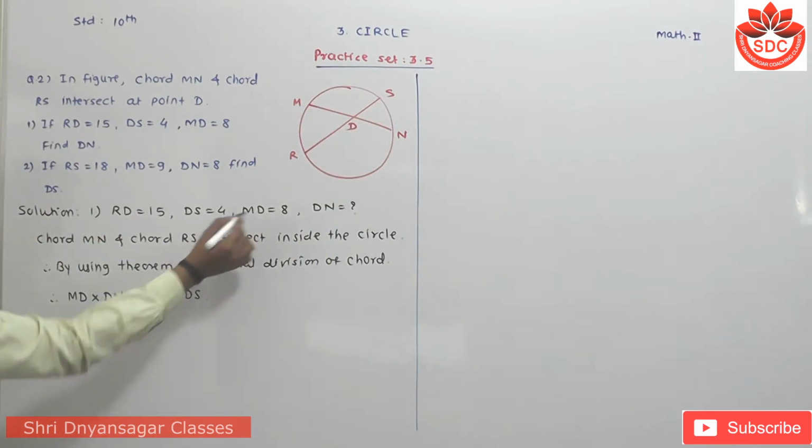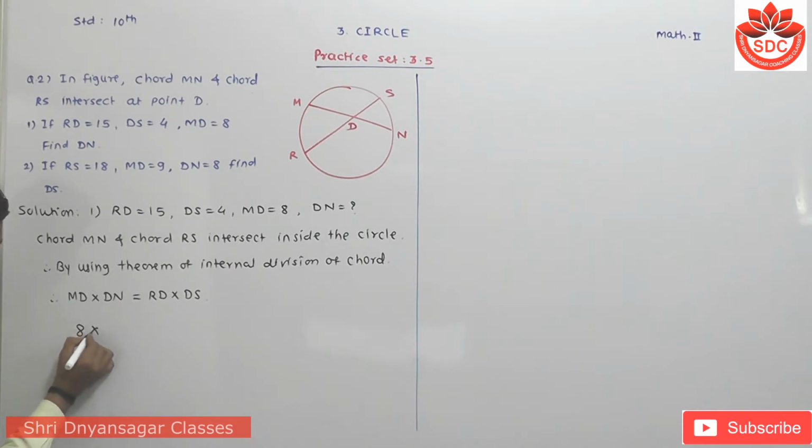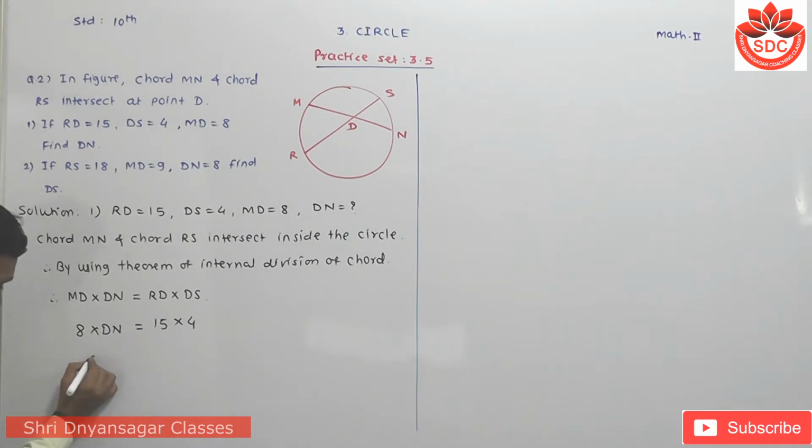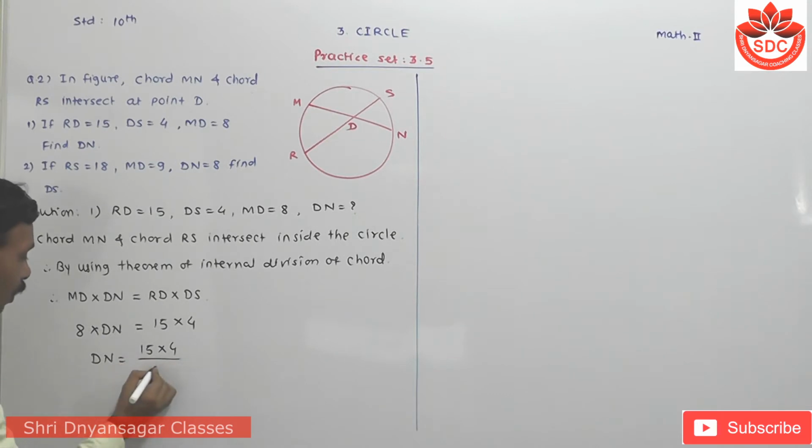MD is 8, DN we have to find, RD is 15 and DS is 4. Transposing this 8 to the other side, DN is equal to 15 into 4 upon 8.